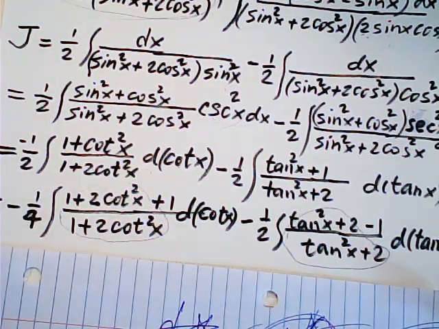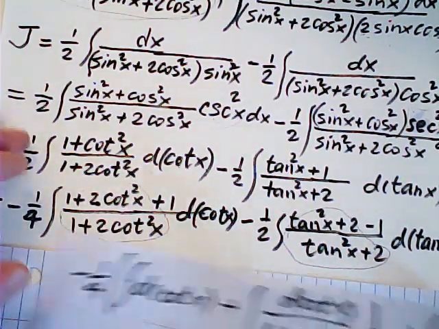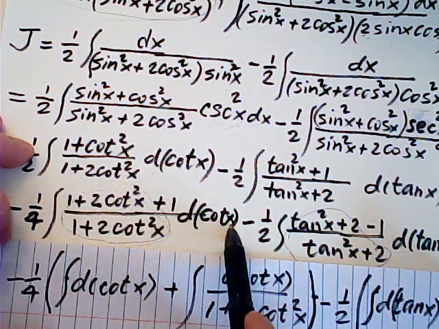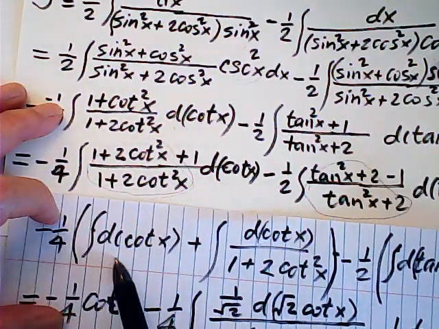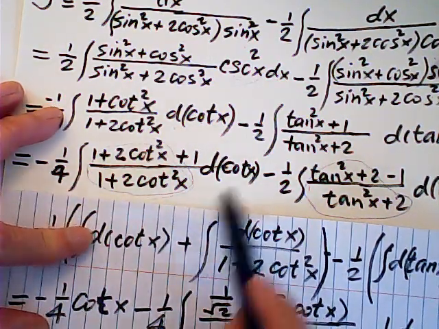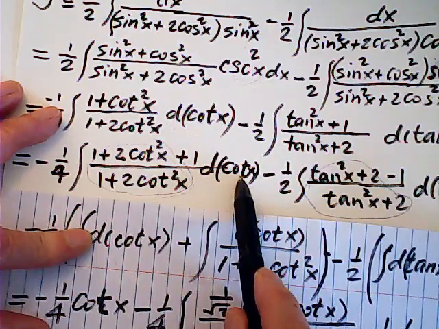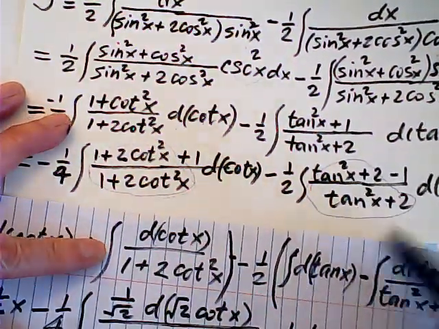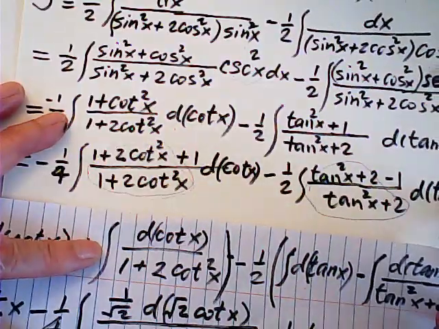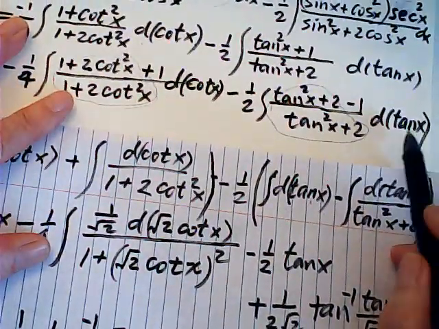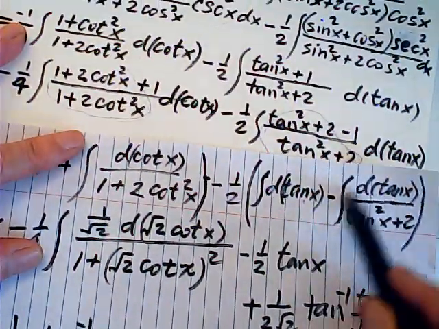So this over this one becomes 1. 1 times d cotangent becomes this. 1 over this times d cotangent is this. This over this one is 1. 1 times d tangent is this. And d tangent x over this is this.